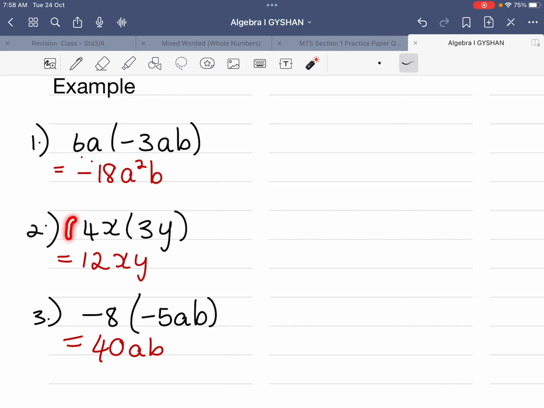So this one will be positive by positive is positive. 4 by 3 is 12. And x by y is xy. Negative by negative is positive. 8 times 5 is 40. So that's 40AB.